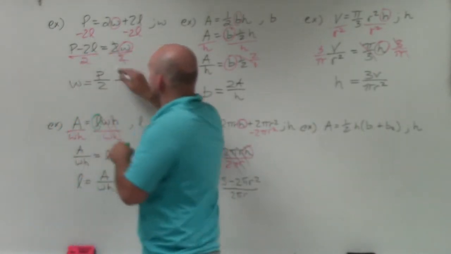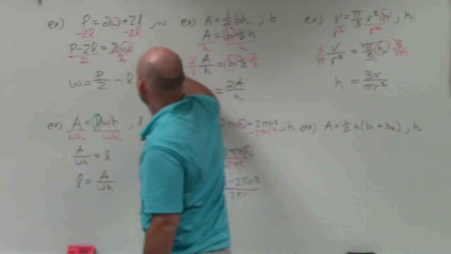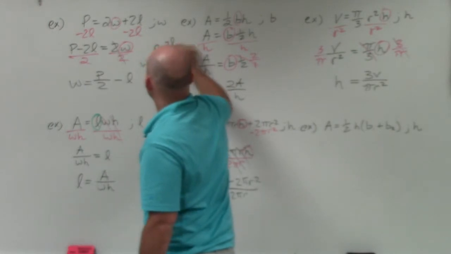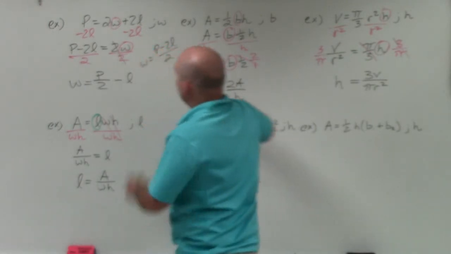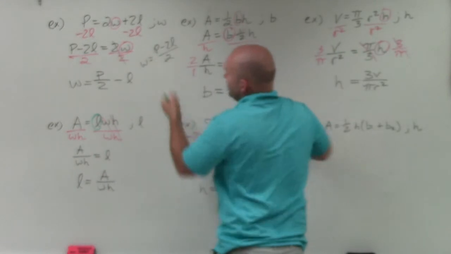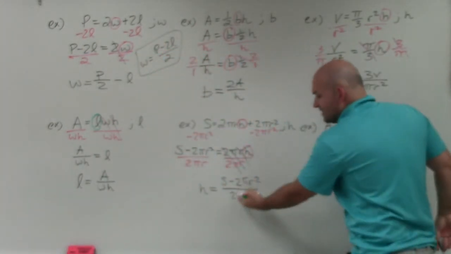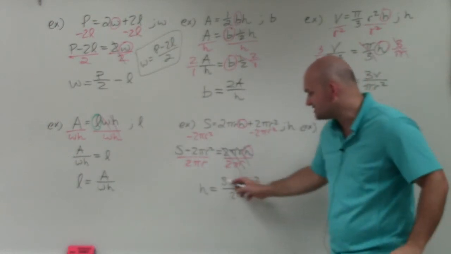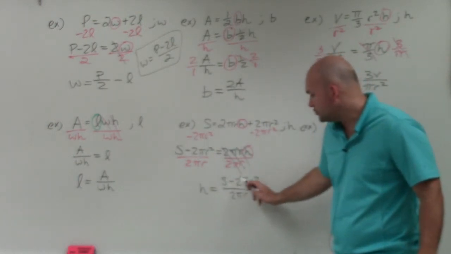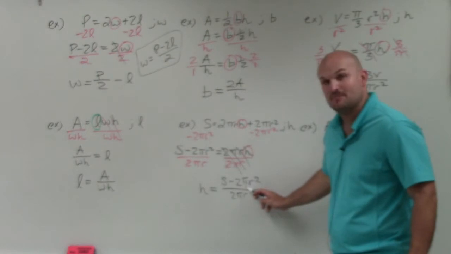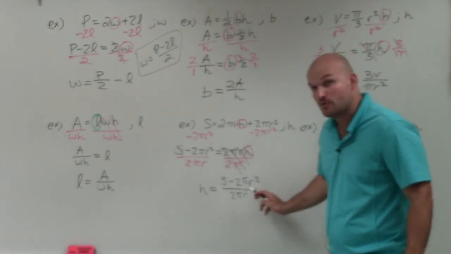Now, I could have left this equation like that, just like w equals p minus 2l divided by 2. Instead of dividing that 2 into both terms, that is a correct answer, but it's not really simplified. In the same form, this really isn't simplified. Yes, 2 pi r does not divide into s. However, 2 divides into 2, pi divides into pi, and r divides into r squared.